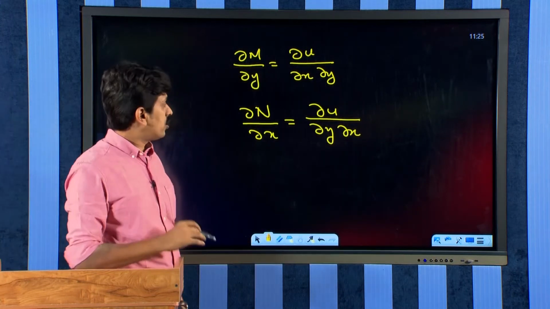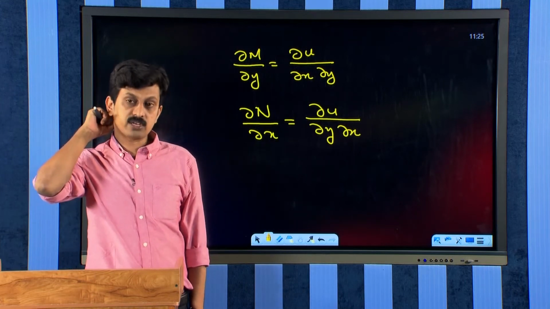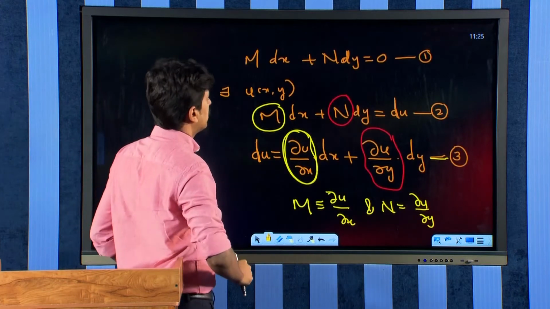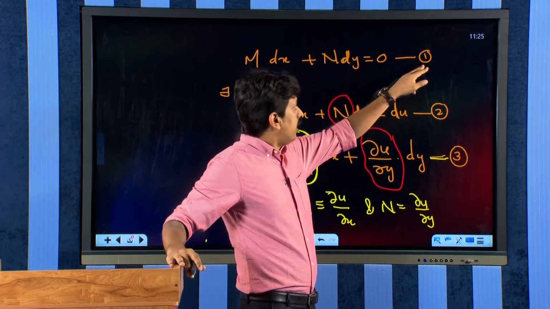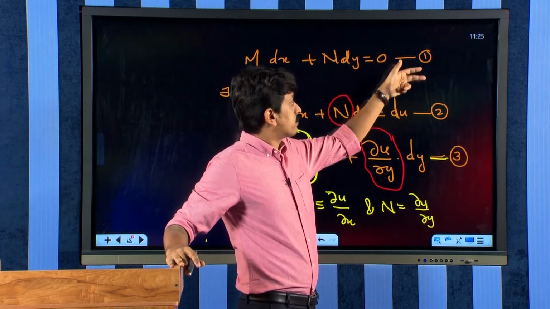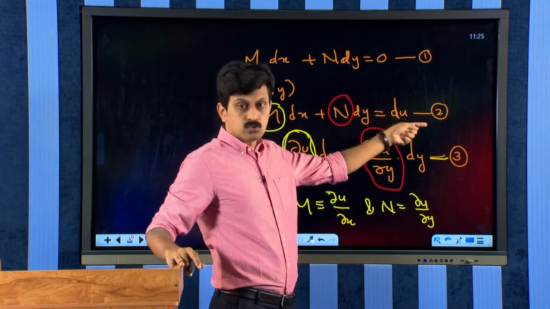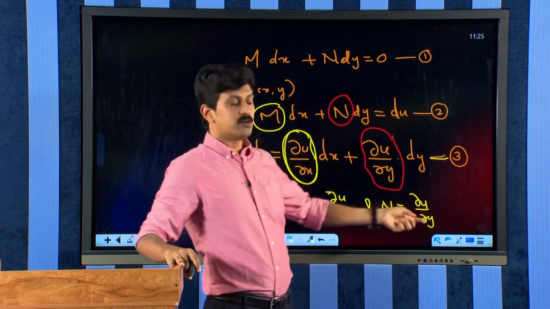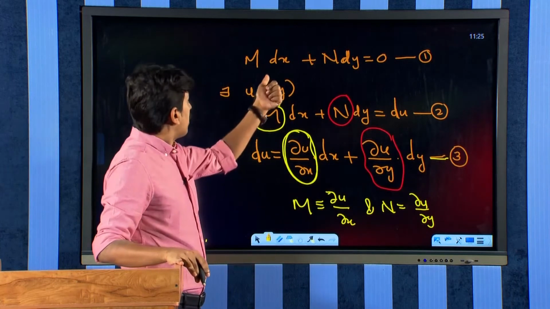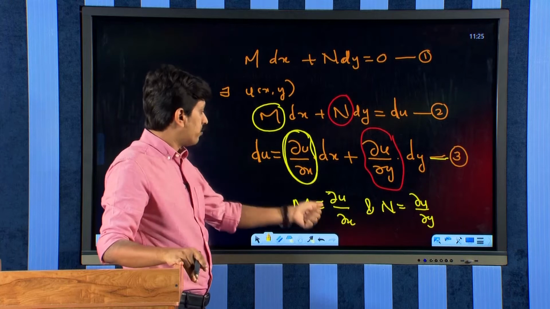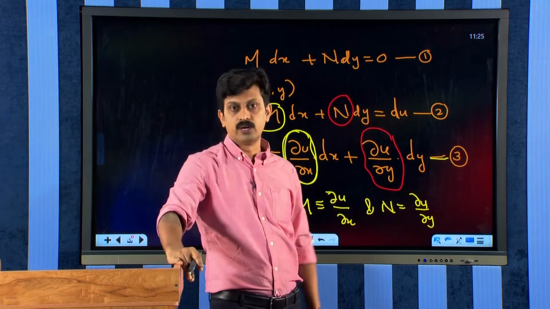Okay. So, we can say that the differential equation is exact. We started from equation number 1, and from there we found that M is ∂u/∂x and N is ∂u/∂y.